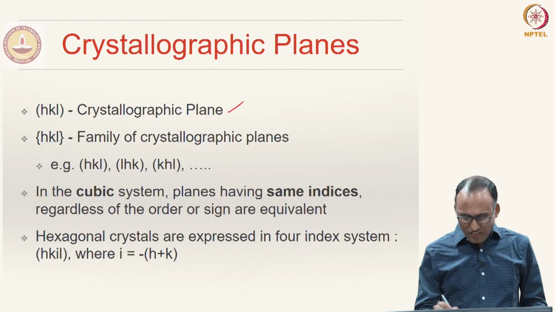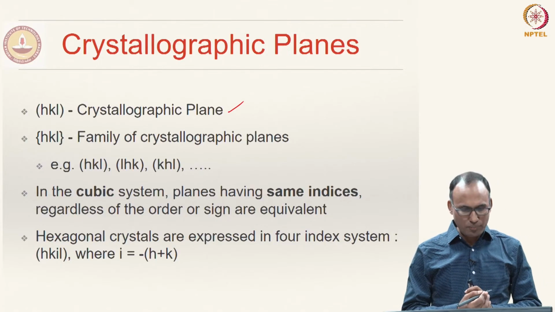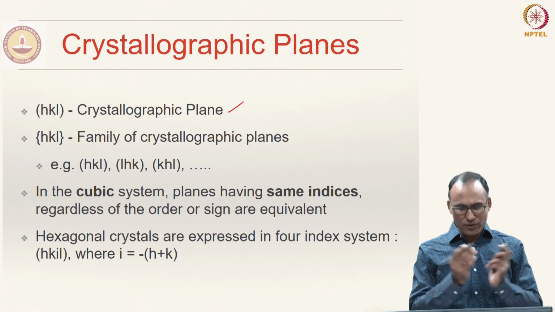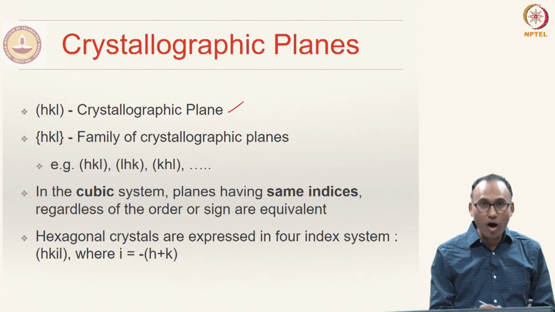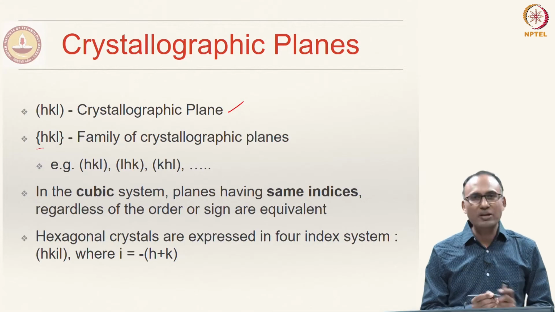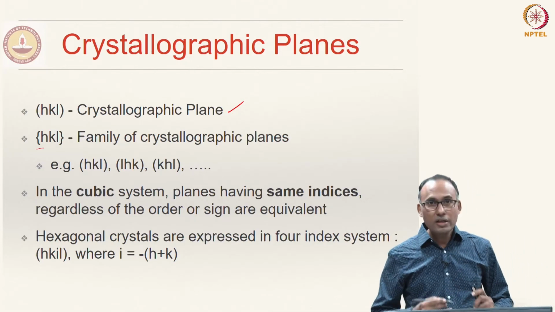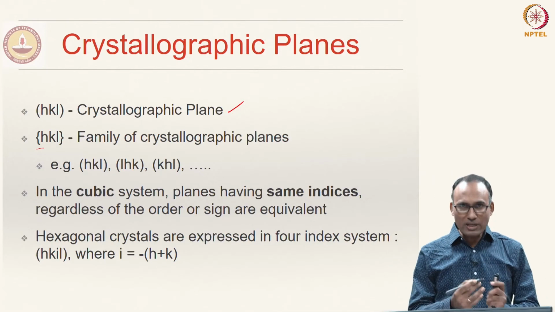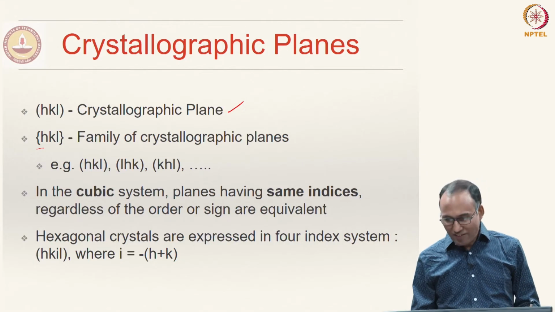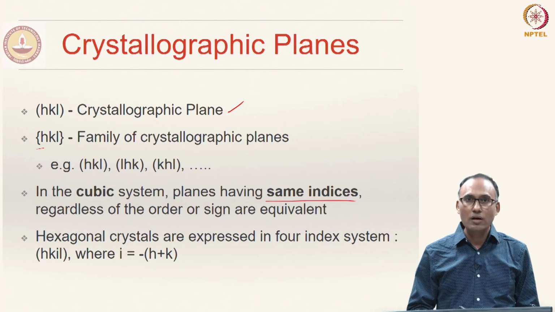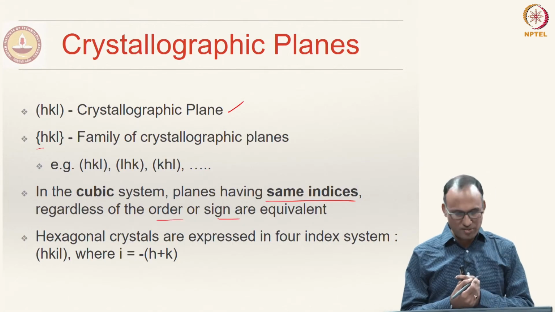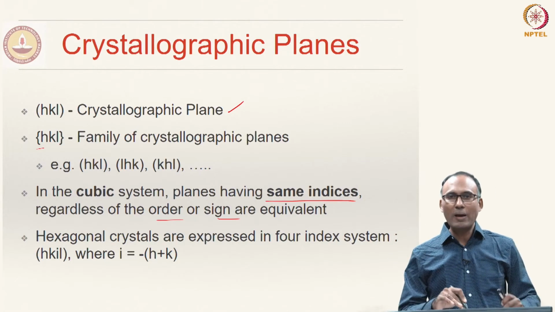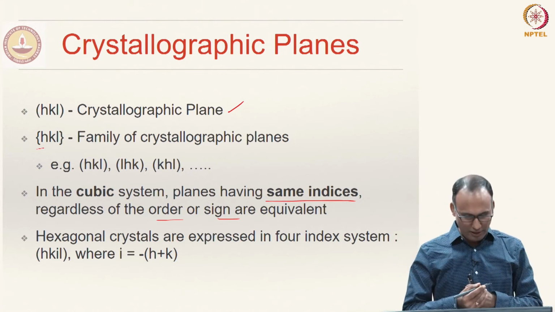So, this is the representation for a crystallographic plane, and a family of crystallographic planes is designated with curly braces. In a cubic system, the planes having the same indices regardless of the order or sign are equivalent. They need not be parallel, but they can be equivalent planes.